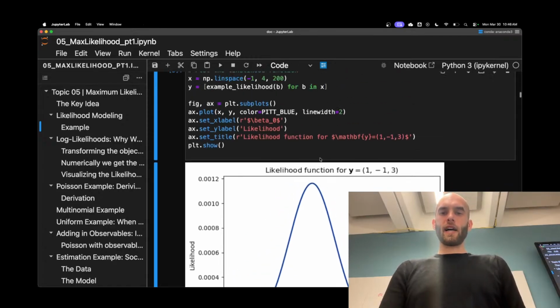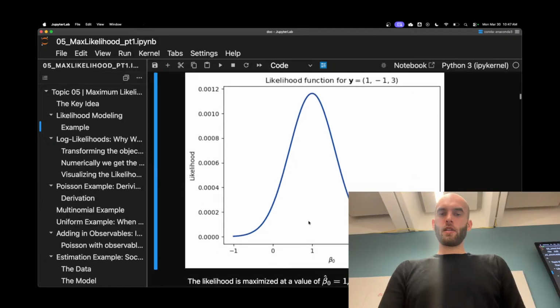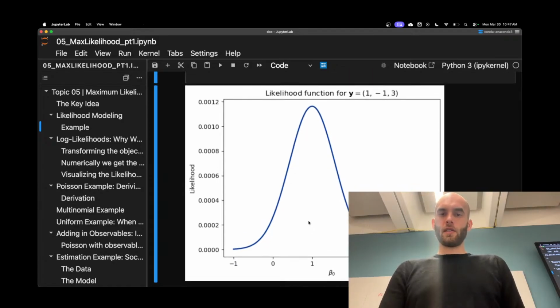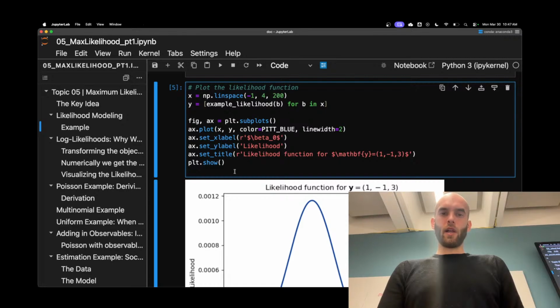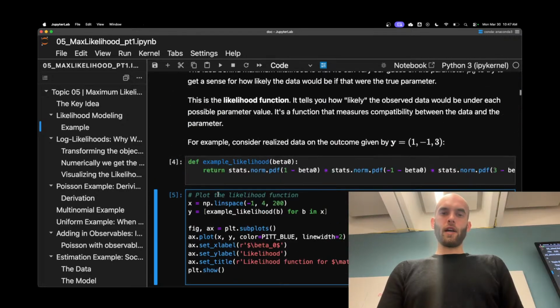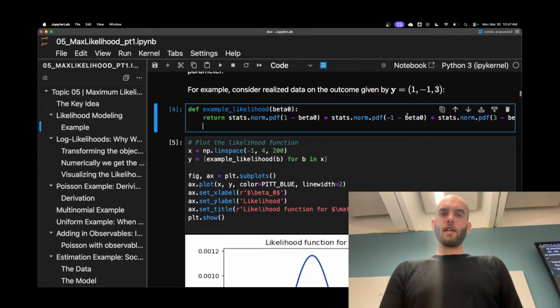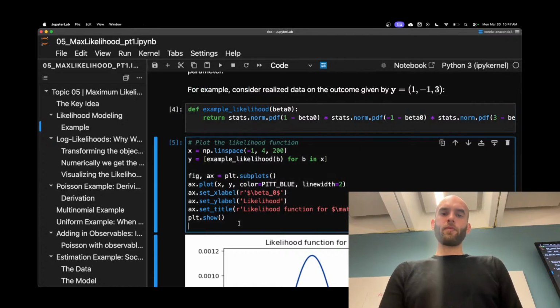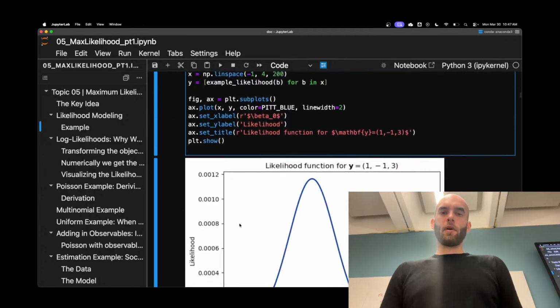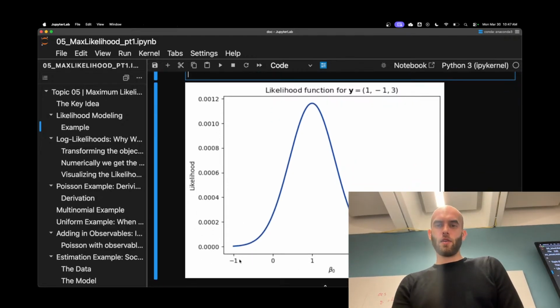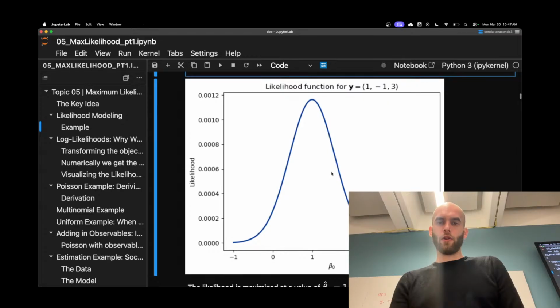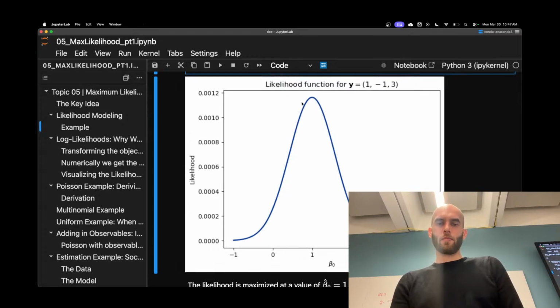So this is the likelihood for this thing we just defined. It's a specific set of y values, and we're plotting the likelihood function on the horizontal axis. And you can see there's a peak.